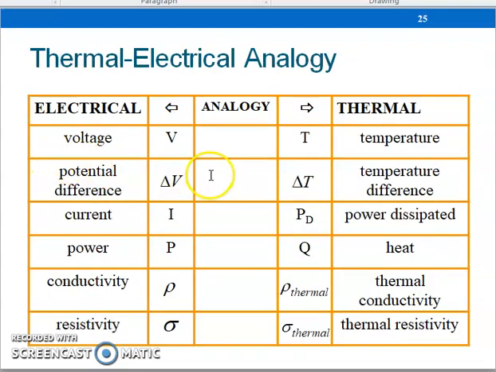So in terms of thermal and electrical analogy, if we redraw the thermal circuit from electrical to thermal, we can replace voltage with temperature, delta V with delta T, current represented by dissipated power, P, replaced by heat, conductivity by thermal conductivity, resistivity by thermal resistivity as well.